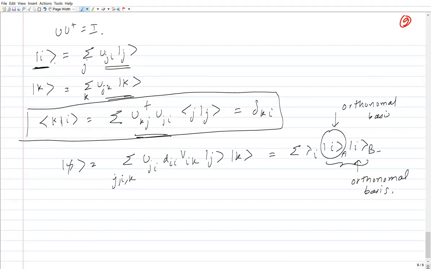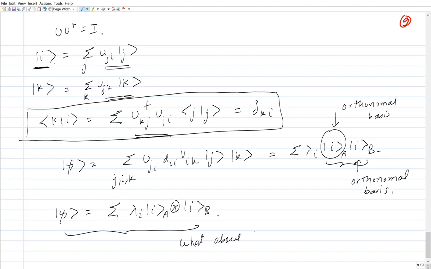So given this fact that I have a Schmidt decomposition for any state, can you tell me, under the Schmidt representation or the Schmidt decomposition of a quantum state, what about the entanglement?